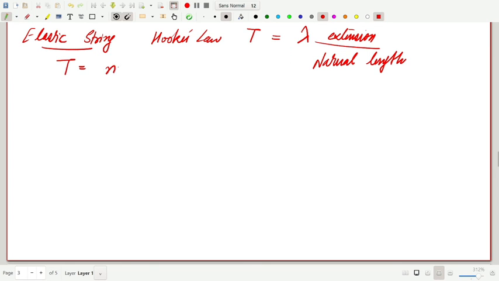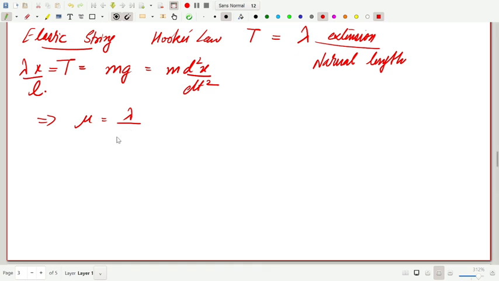P is equal to mg, m d square x over dt square is equal to lambda x by L, which in turn implies mu is equal to lambda by ml, and hence we can find the time period of oscillation.